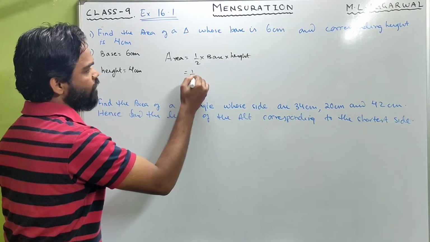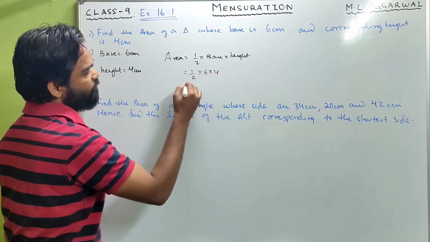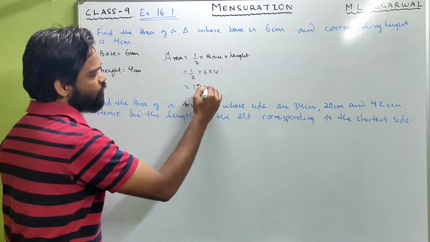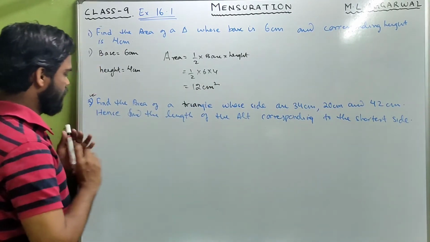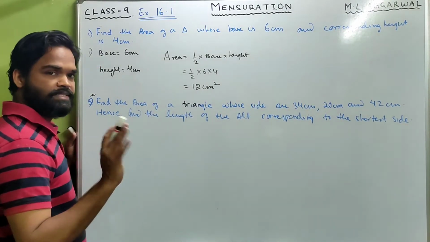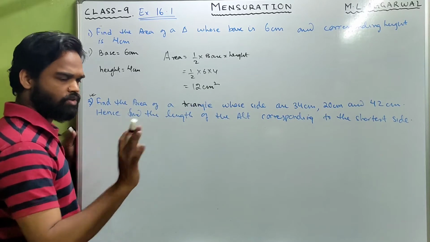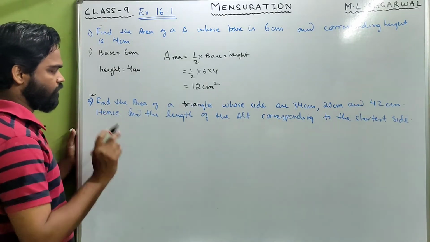That will be equal to half multiplied by 6 multiplied by 4, that's 24 by 2. That's 12 centimeter square. Done. Pretty easy. Now look at the third one. The second one is similar to the third one, so I have not done that. You can try it on your own.